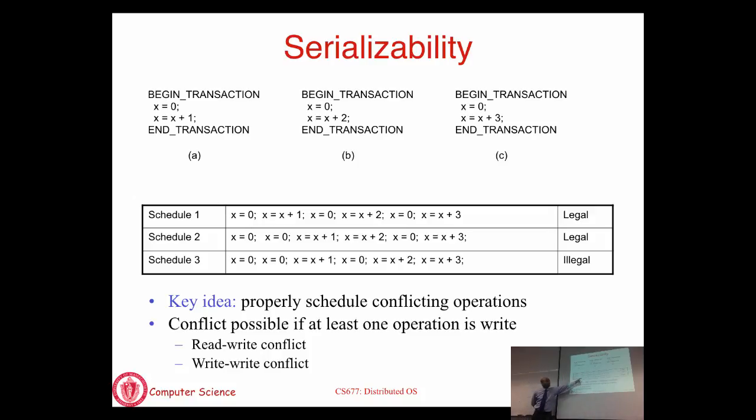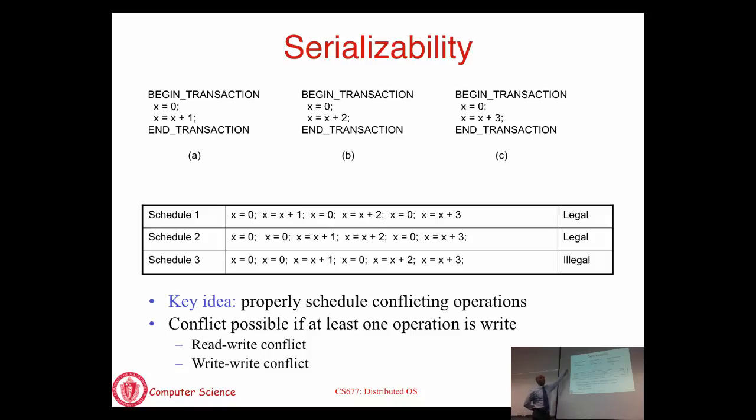And that also leaves x equal to 3. But what's happened in the middle is that this statement and that statement execute one after another, which if you had actual sequential execution would never have happened. But yet, since the end result of these three transactions is x equal to 3, we don't actually care what happened in the middle.